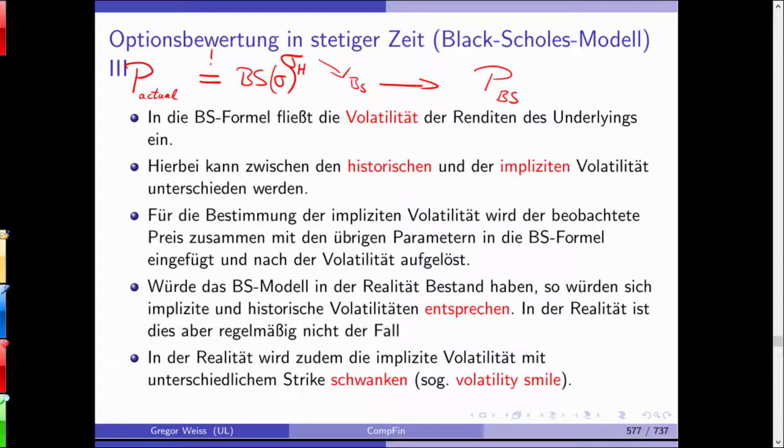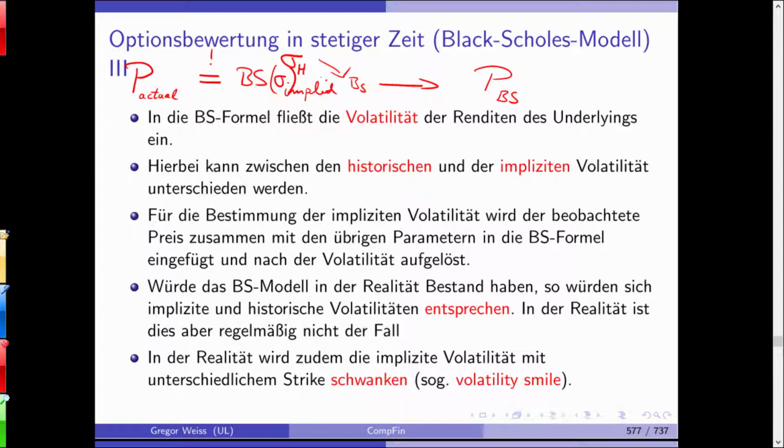And if you use this volatility here, this is called the implied volatility. Why implied? Because this is the volatility that is implied by the Black-Scholes model if it is set equal to the market price. Implied volatility and historical volatility obviously do not have to be equal. They do not need to match.